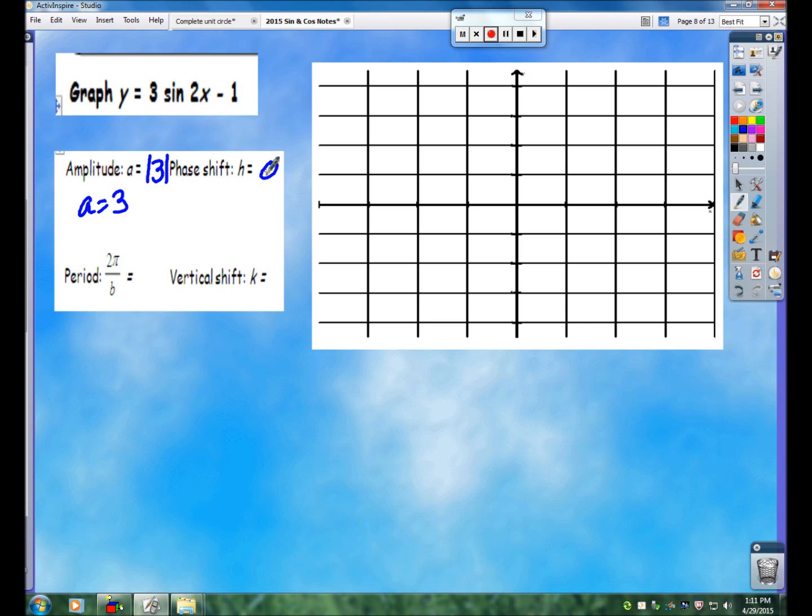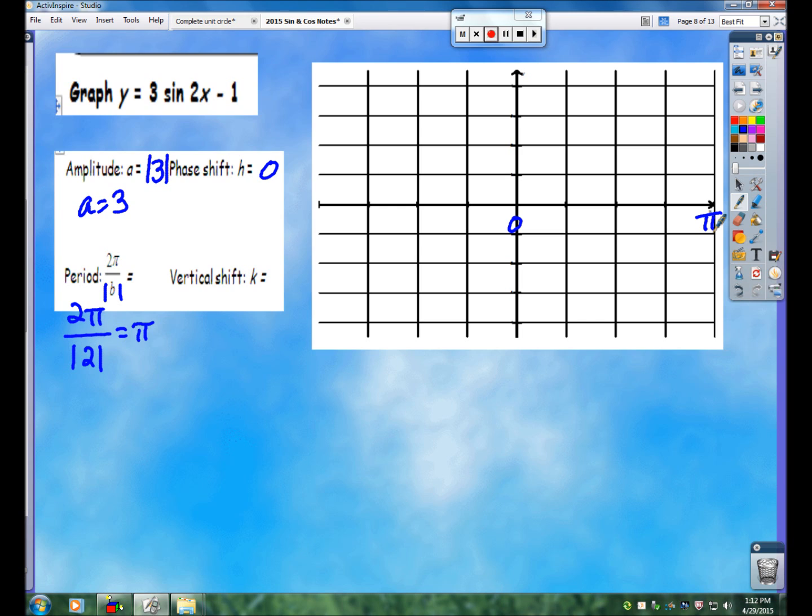We're not going to phase shift. Phase shift shifts it left and right. Our b is 2, so the period is 2 pi over the absolute value of 2, which gives us pi. That means we're going to repeat ourselves every pi units. So we're going to start our graph at 0 and end it at pi, and we're going to get those 5 key points between 0 and pi.